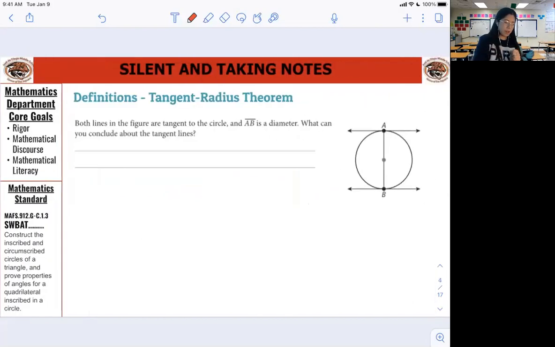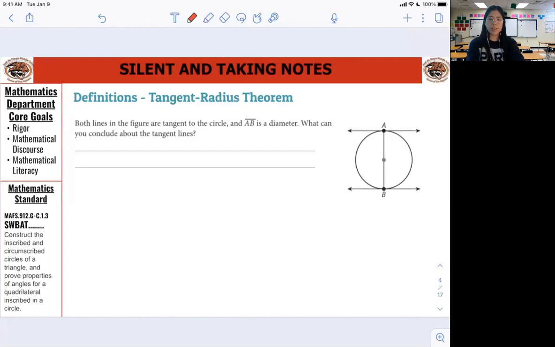All right. Last thing, take a look at this situation over here. Both lines are tangent lines, and the line AB is the diameter. Think about what we just learned and see if we can figure out what you can conclude about the tangent lines. So Perla's claiming that they're parallel.